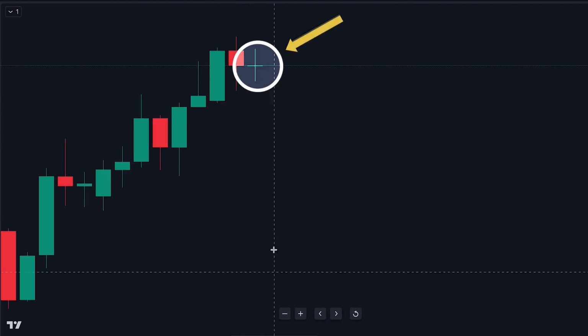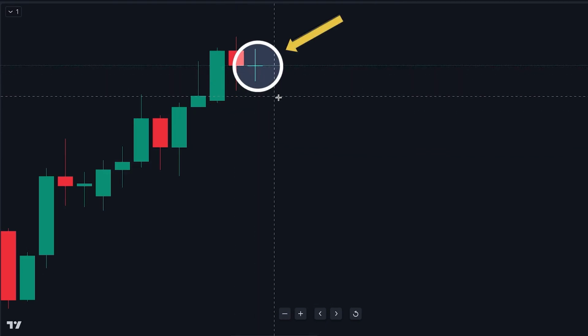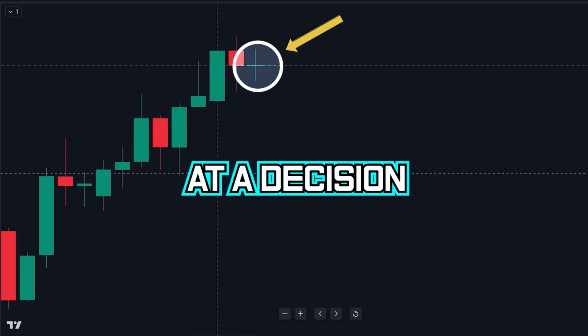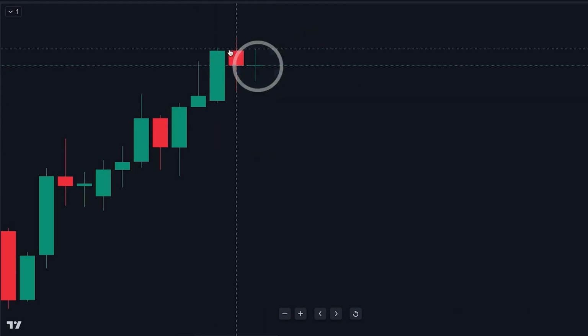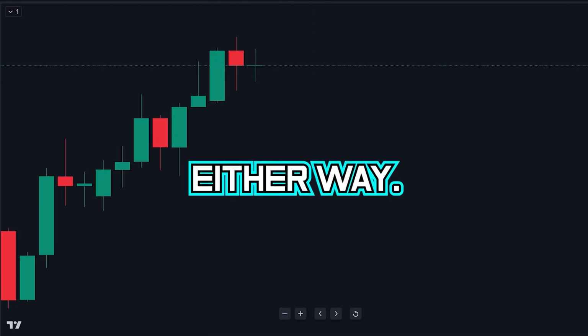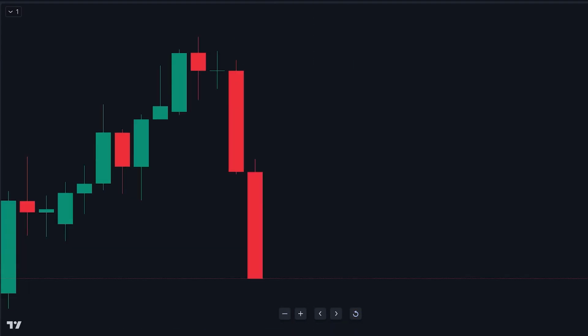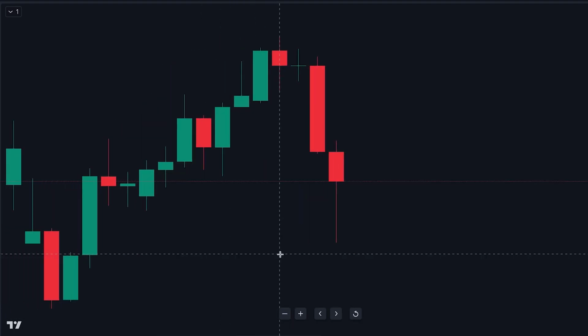But now we can see that suddenly the candles get smaller and now we have a doji candle. This now indicates that we are at a decision point in the market. Buyers and sellers are battling at this point and price can go either way. But right after the doji, we have this strong bearish candle, which shows that bears won that battle and price will continue to the downside.